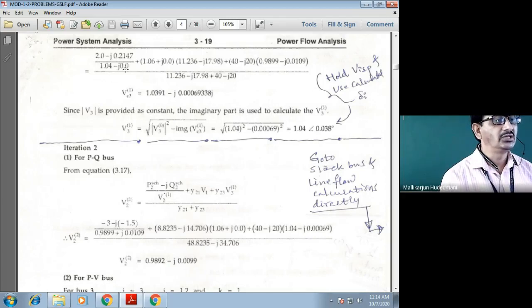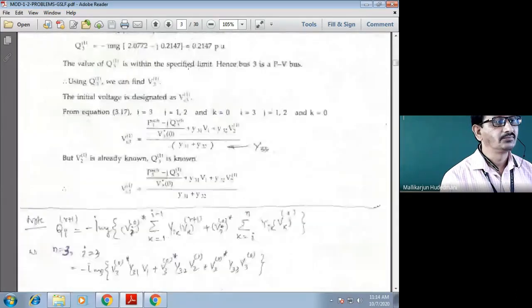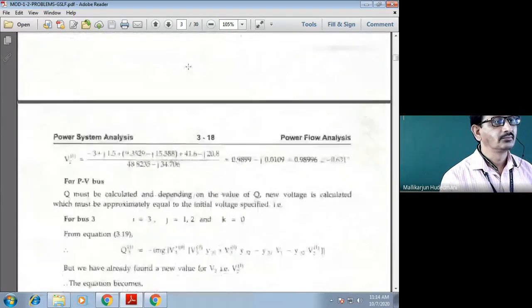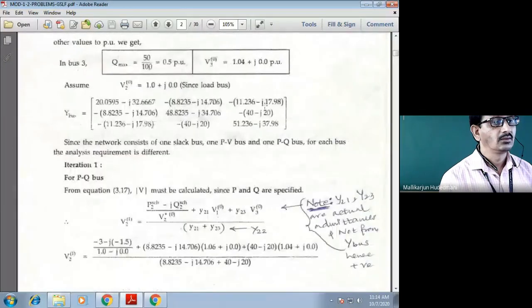Divided by V30 conjugate plus Y31, I mean, it is V3 into Y31, V30 into Y3. Not V30. Is it V1? Yes, it is V1. 1.06 is called slack bus voltage. It is Y31 element. I will show back. Y31. Is it right? 11.236 minus J 17.9.